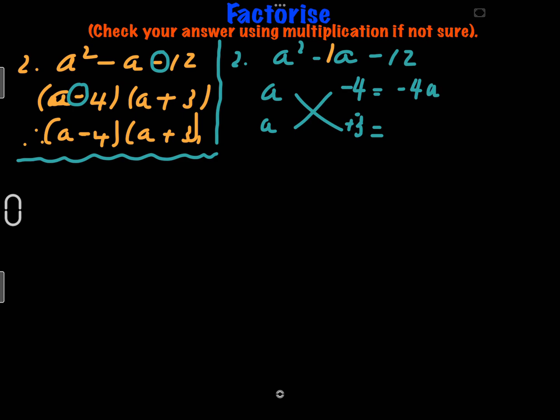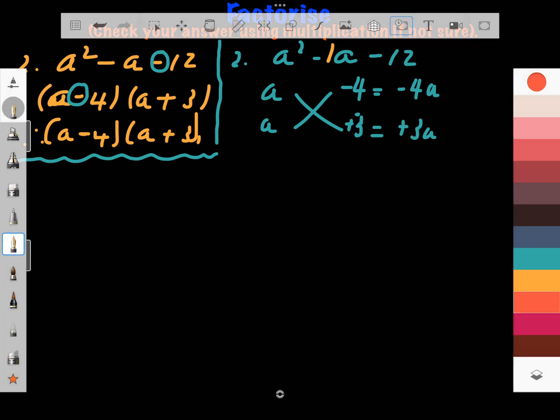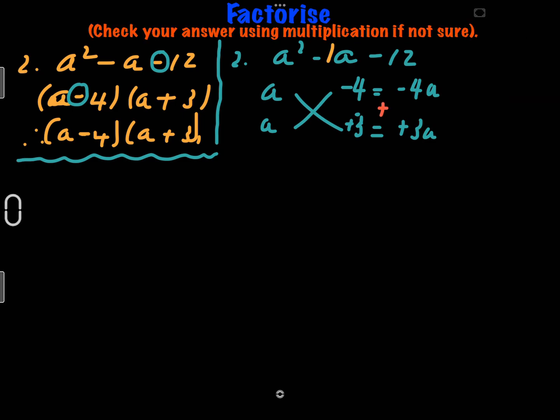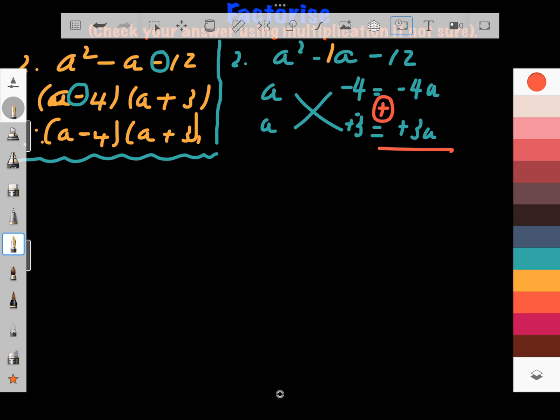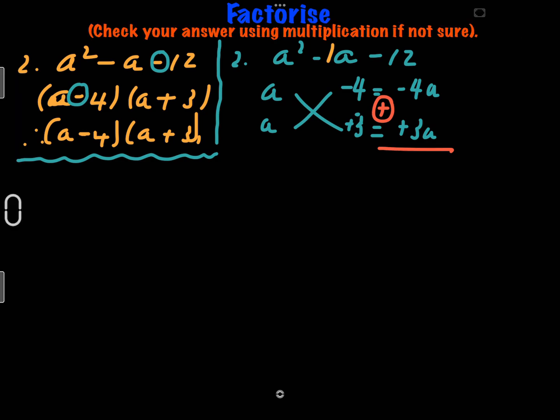+3 multiplied by a gives us +3a. Remember, the essence of this is to make sure that after adding those two products, we should be able to get a sum of the middle term, which is -1a. So -4 plus +3 gives us -1, in this case -1a.